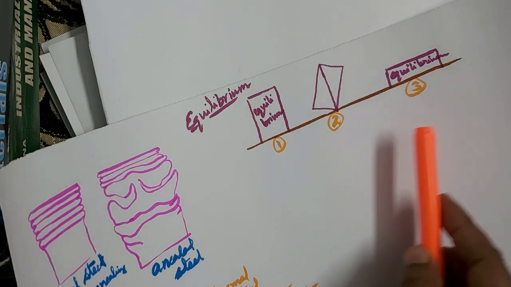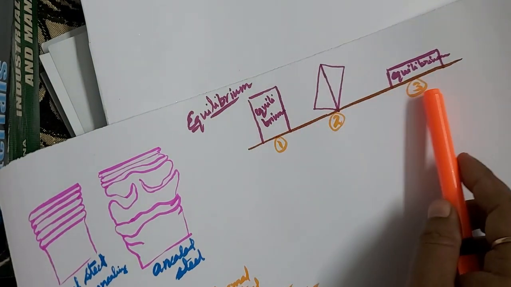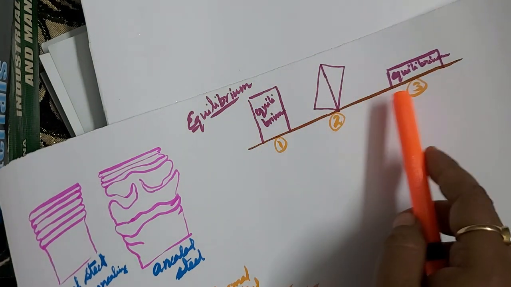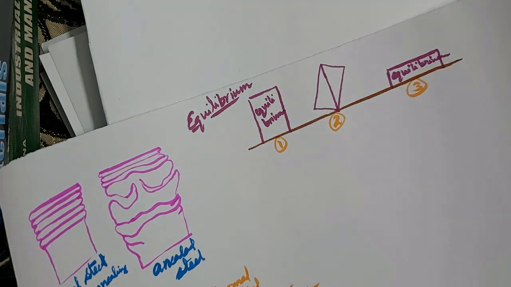Number one and number three, these two are stable positions. These two are in equilibrium as the potential energy is minimum in these two cases. But here, this is the center of gravity line.